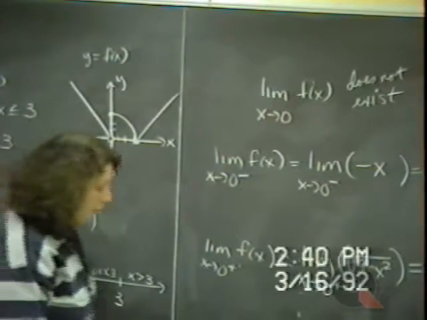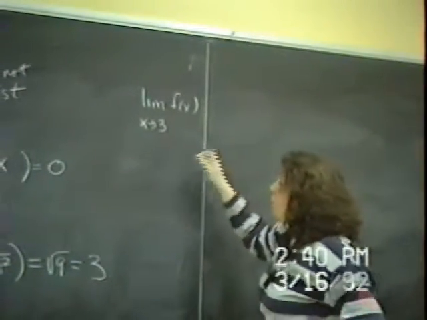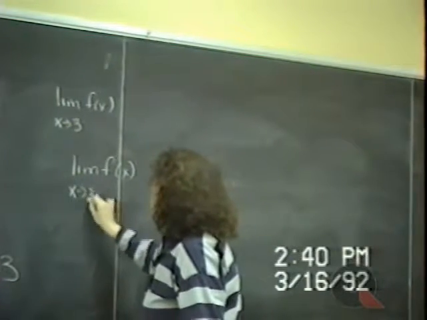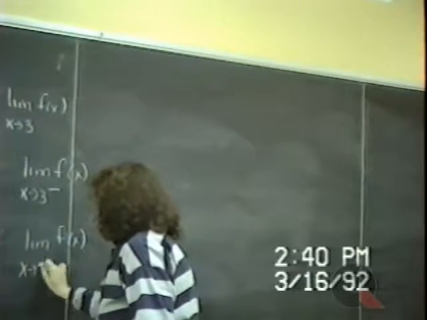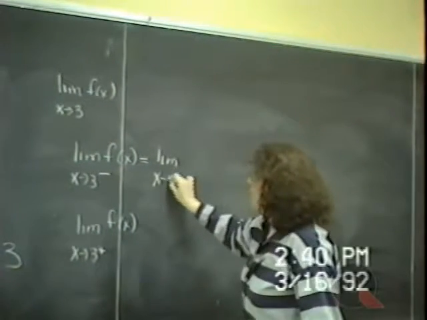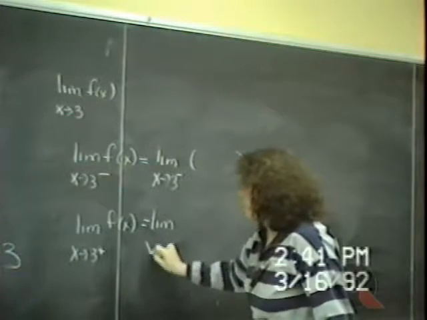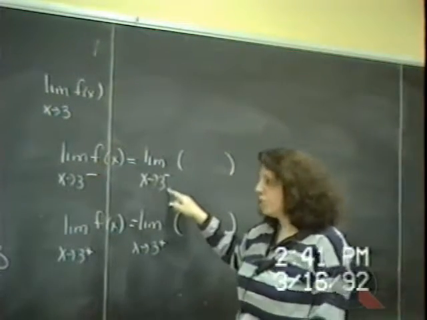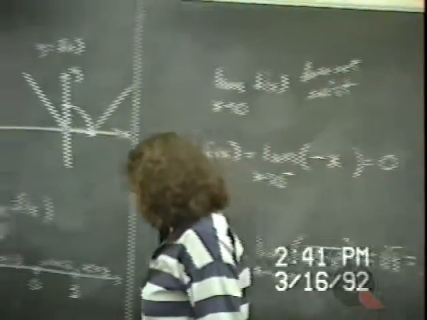Now let's do the same thing, but this time we're evaluating the limit of f of x as x approaches 3. We're going to have to look at the limit of f of x as x approaches 3 from the left, and the limit of f of x as x approaches 3 from the right. And once again, the key is which portion of the function should be substituted for f of x.